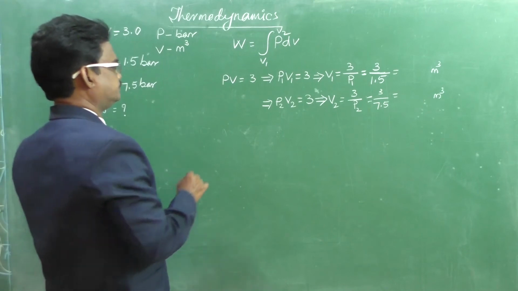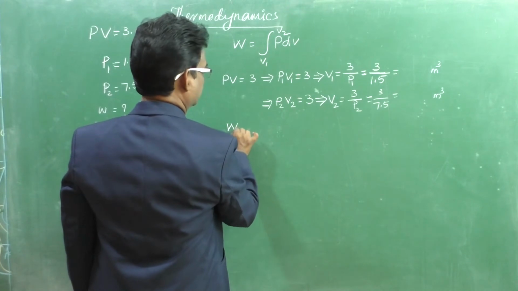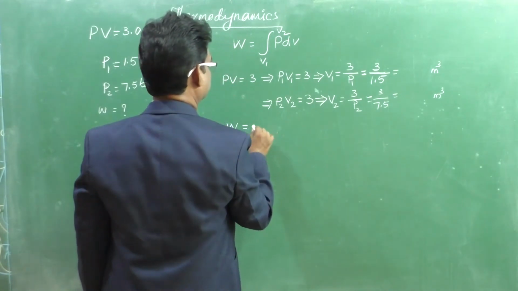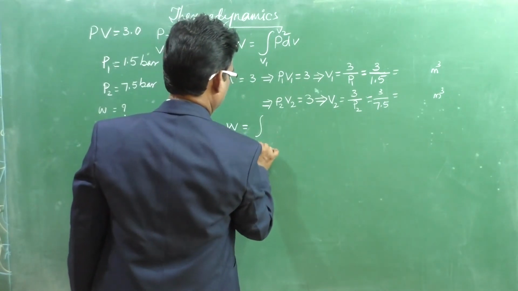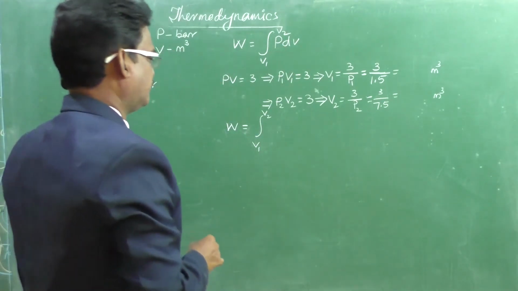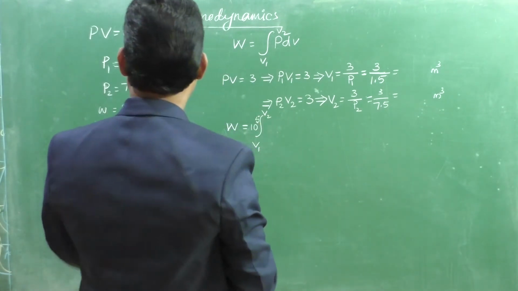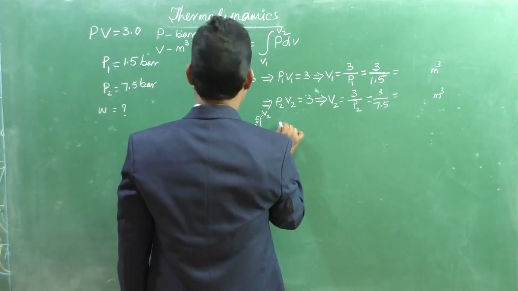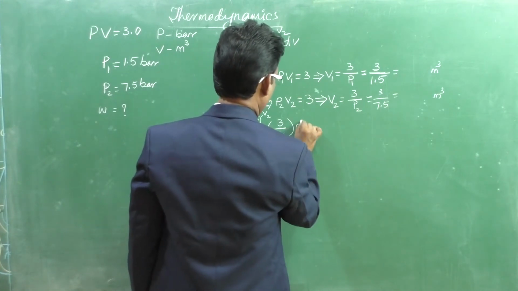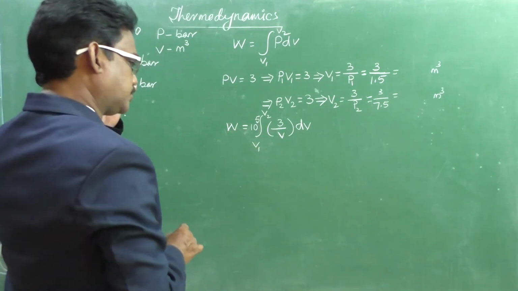Since pressure is in bar, we need to take 10 to the power of 5 here. W equal to integral from V1 to V2 of 3 by V dV, with 10 to the power of 5.